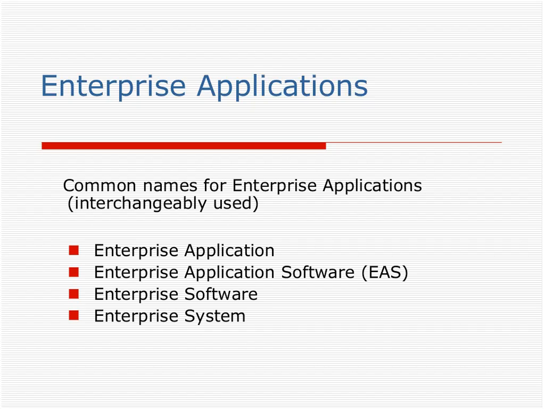For the sake of our presentation, we shall use enterprise application software, the second one, bullet number 6. And whenever you see one of these 4, it means enterprise application software.